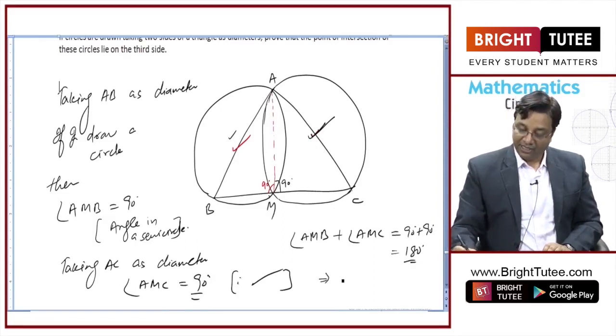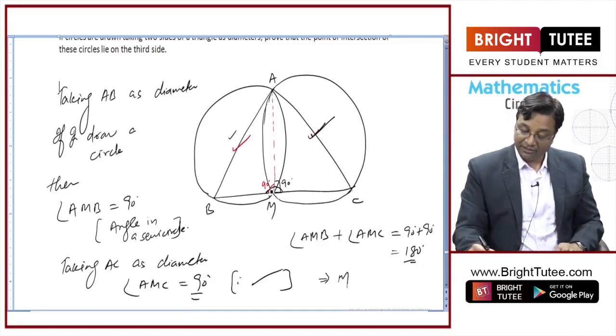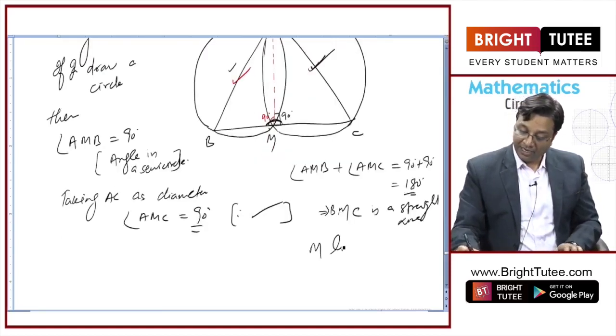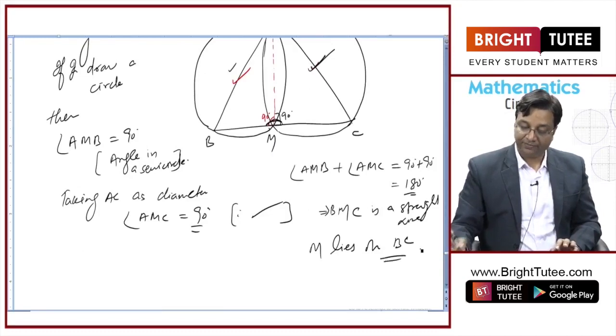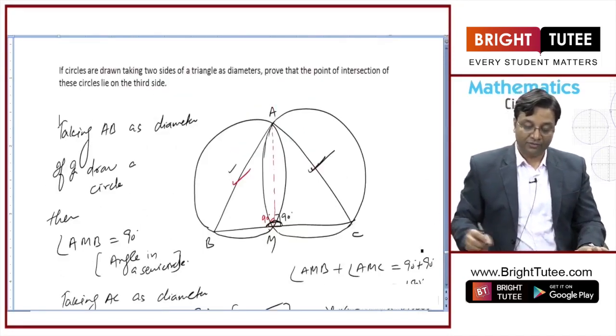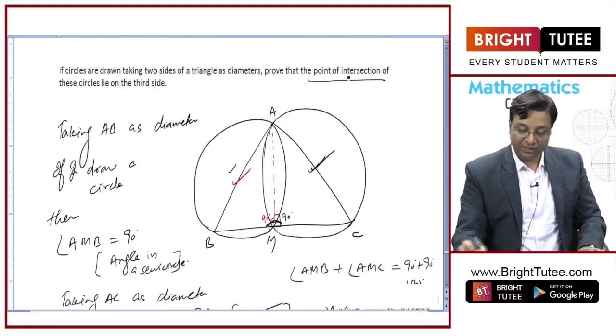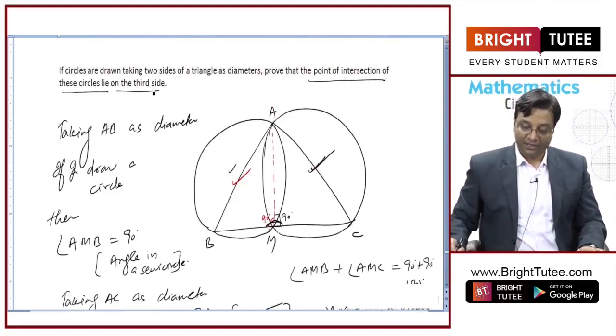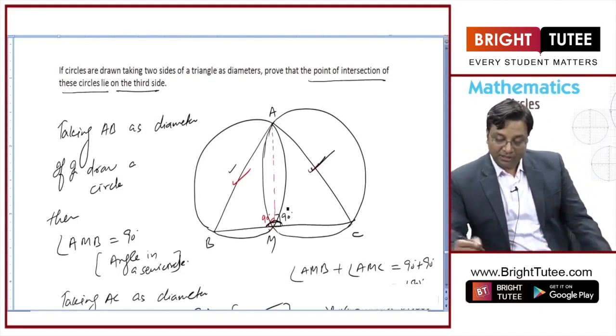So, this is a straight angle. So, what it means is BMC is a straight line, or in other words, M lies on line segment BC, right? This is what we had to show, that their point of intersection lies on the third side.